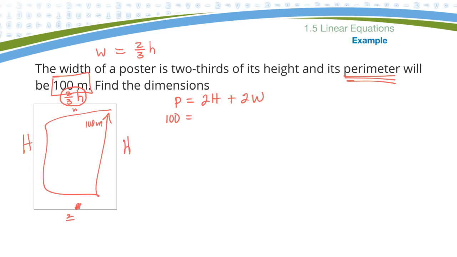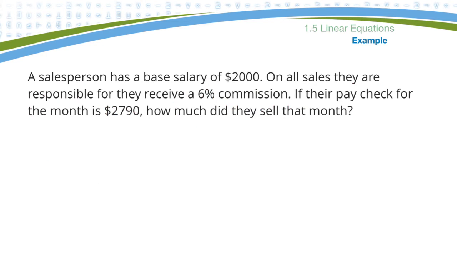So let me write that 2/3 H down here. Okay, so 2 times the height plus 2 times, now the width we said was 2/3 what the height is. Okay, so now I've got, here's a good question. Again, pause if you want, and then try it.